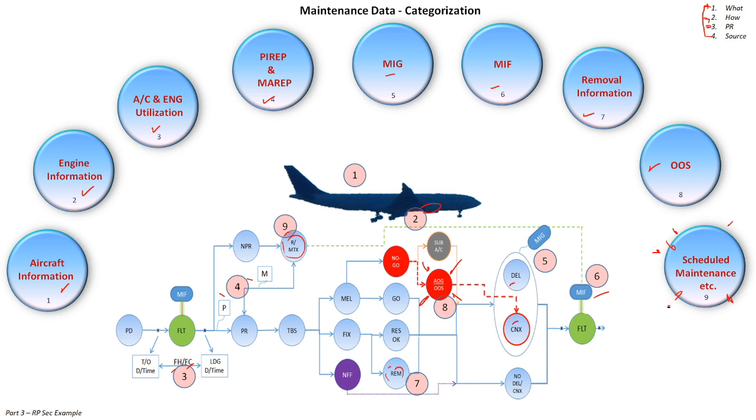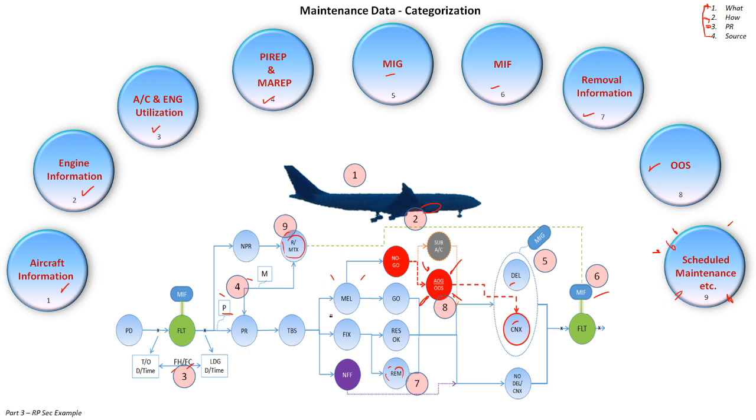Now, you can ask the question, what about the rest of the items? I'm going to use MEL to explain. I'm going to use an example: we had an engine high vibration. So we have PIREPs, right? And the pilot tells us that we had engine high vibration. The mechanic is doing troubleshooting, found out that we need to replace the engine vibration sensor, but we don't have time.